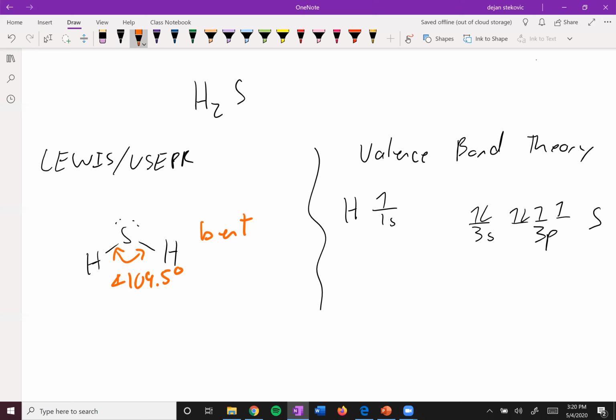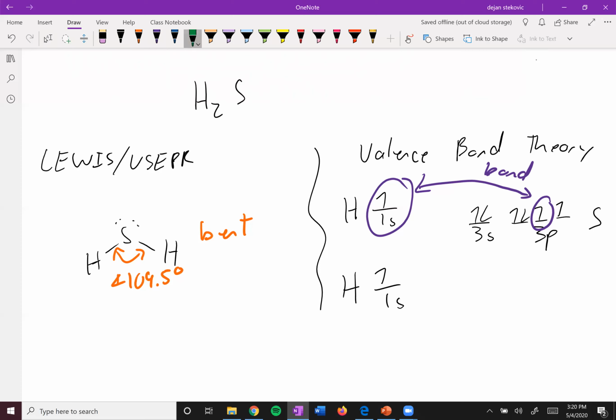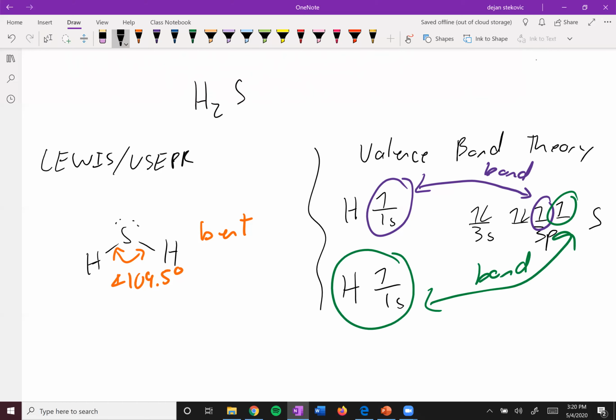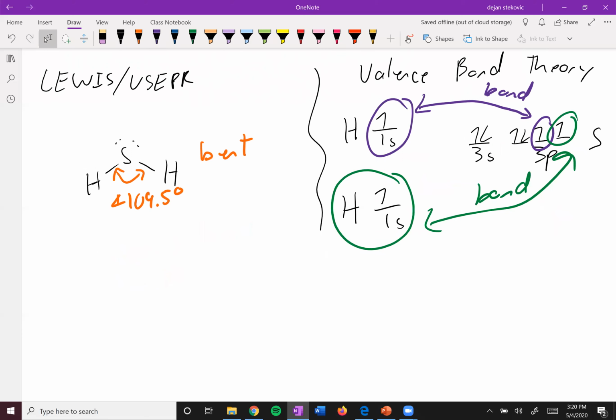So you can see there's going to be 1 bond forming here between this half-filled orbital and this half-filled orbital, and then another one to bond with this half-filled orbital. And so you can see both of them predict H2S, which is looking good.